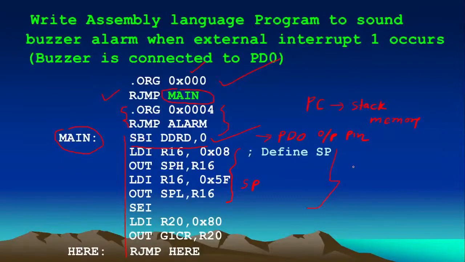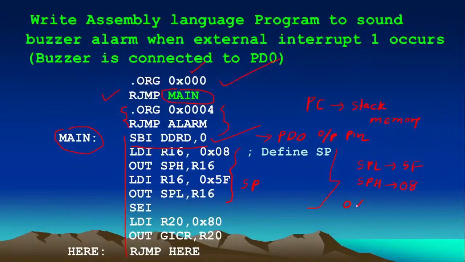We have transferred 5F to SPL, that is the stack pointer lower byte, and SPH is the stack pointer higher byte. As you can see here, we are transferring 0x08. So 0x08 is transferred to the higher byte and 5F to the lower byte.